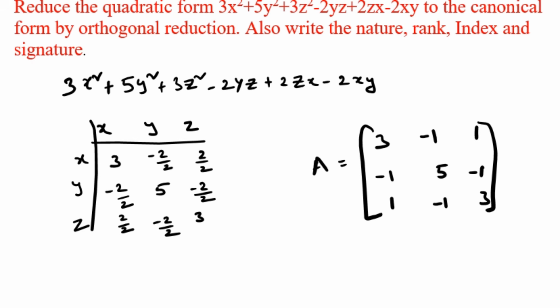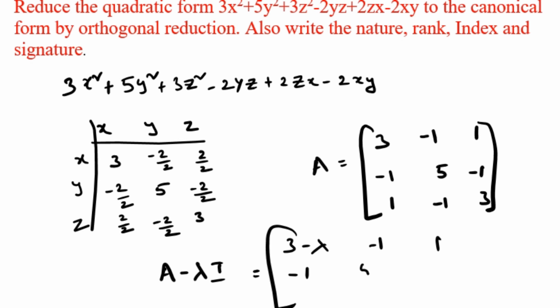Now for this symmetric matrix, we will find the characteristic matrix. The characteristic matrix is given by A minus lambda I, which is equal to 3 minus lambda, minus 1, 1; minus 1, 5 minus lambda, minus 1; 1, minus 1, 3 minus lambda.